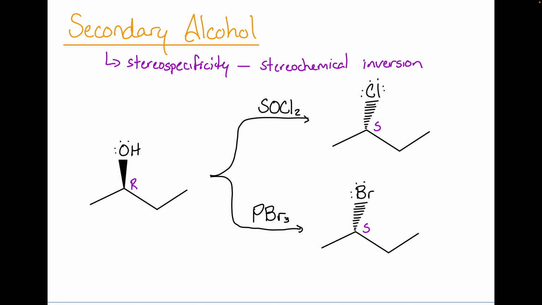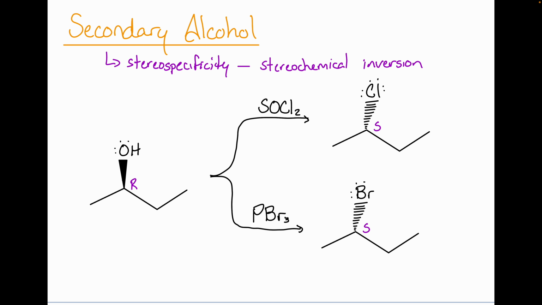Now, truthfully, this inversion happens in primary alcohols as well. We just don't have to worry about it. We'd never be able to see it because it's not a stereocenter. Right? Don't worry, we have no stereocenter.